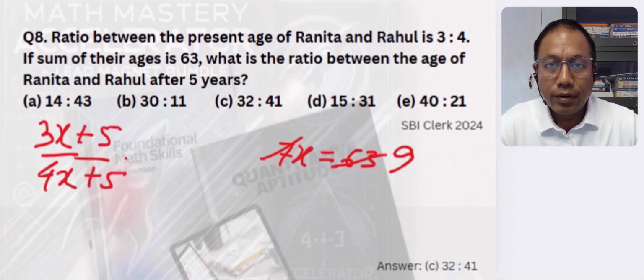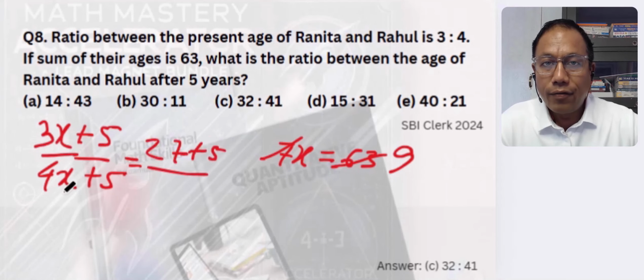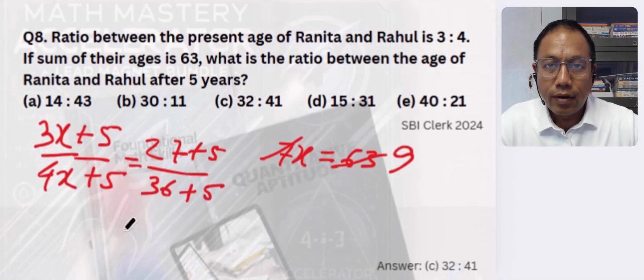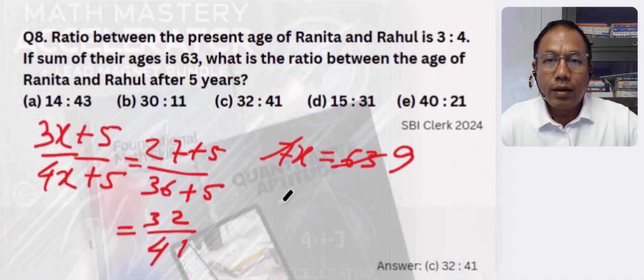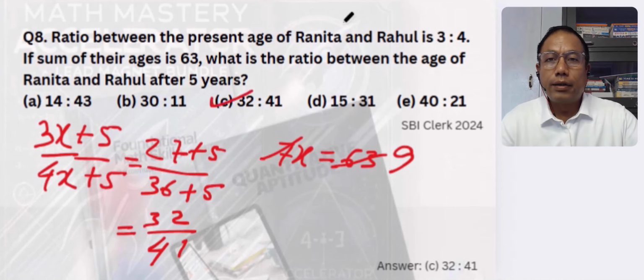Find this value after substituting the value of x. 9 threes are 27, plus 5. 9 fours are 36, plus 5. 7 plus 5 is 12. 1 in hand. 2 plus 1 is 3. 5 plus 6 is 11. 1 in hand. 3 plus 1 is 4. The answer is 32:41. Option C is the right answer.